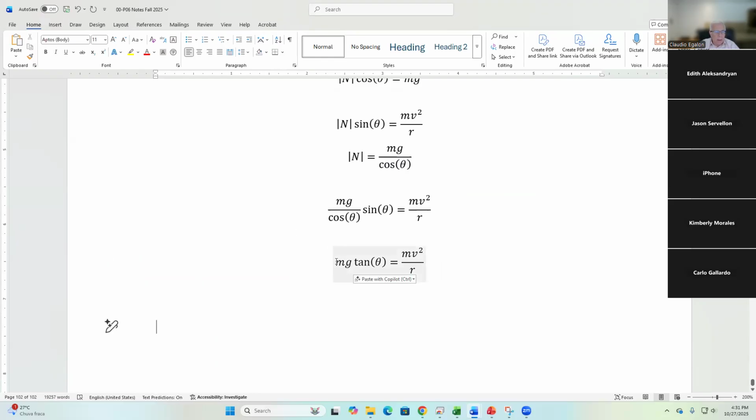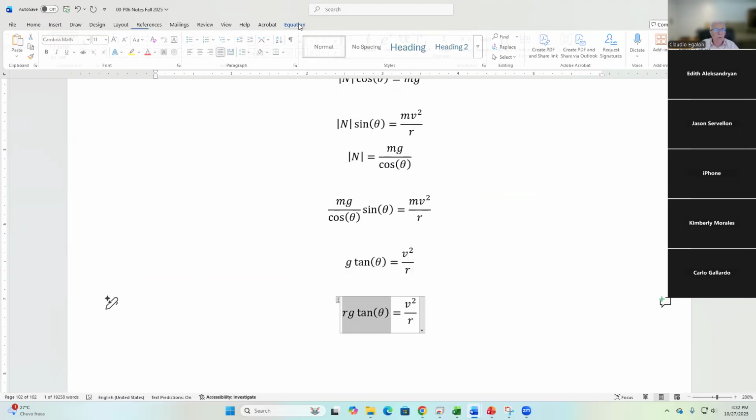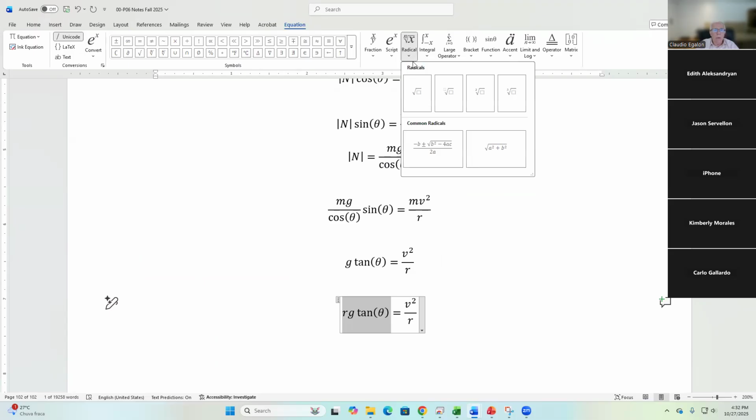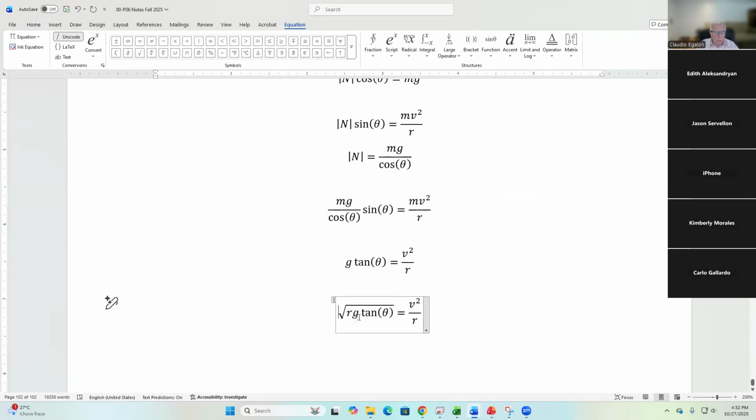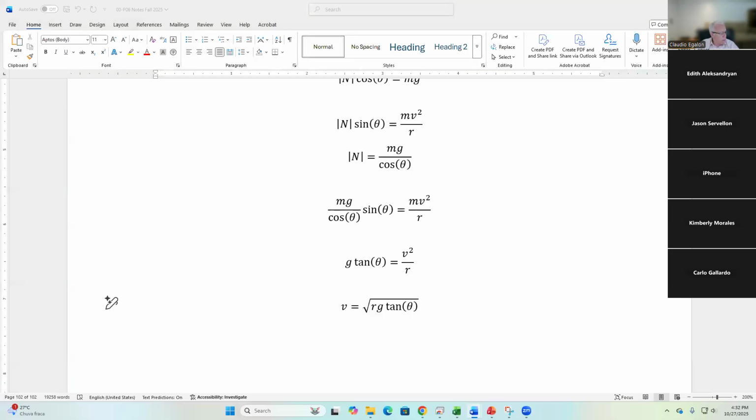By the way, the m cancels out with the m, and the magical speed that will allow the car to negotiate this banked curve safely is going to be given by the square root of Rg tangent of theta. There are many speedways out there that have a banked curve, especially for NASCAR cars.